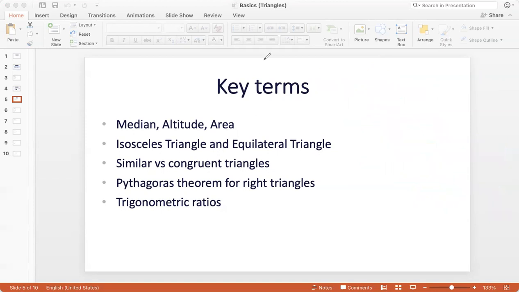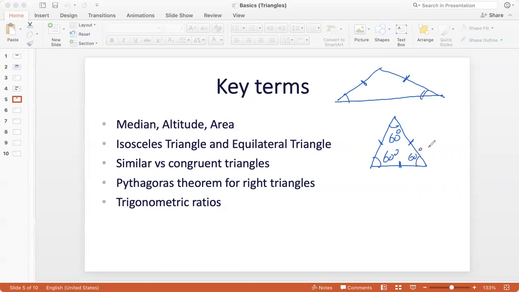Okay, what is an isosceles triangle? An isosceles triangle is a triangle in which two sides are equal, right? These two sides are equal. And since these two sides are equal, the angles opposite them are also equal, right? That's an isosceles triangle. An equilateral triangle is a triangle in which all the three sides are equal, which means that every angle in an equilateral triangle is 60 degrees.